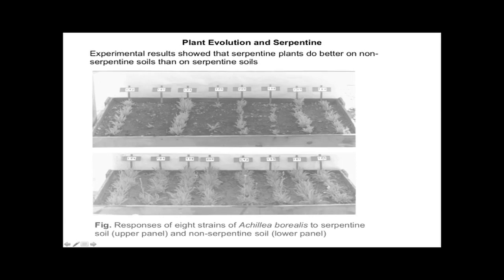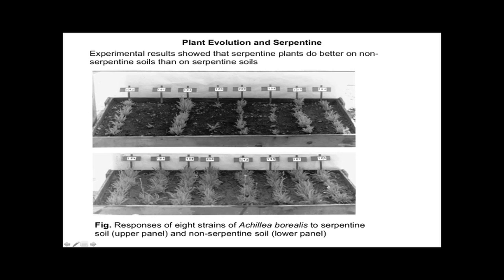However, some experiments showed that serpentine plants do better on non-serpentine soils than on serpentine soils. A picture from a paper is this. This panel is filled with serpentine soil, and we can see that this plant, Achillea borealis, grows very short in this panel, while in this panel, where we have non-serpentine, normal soil, we can see a much higher growth of the serpentinophyte Achillea borealis.